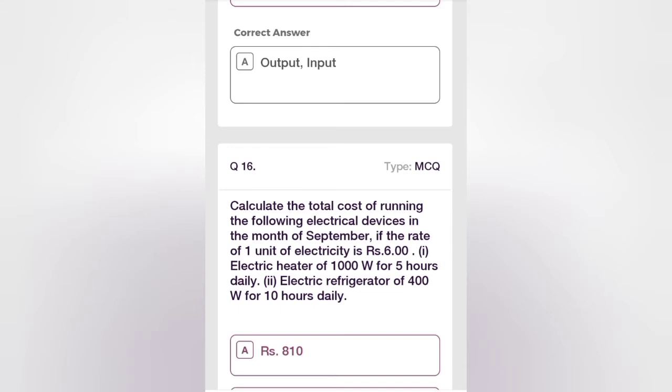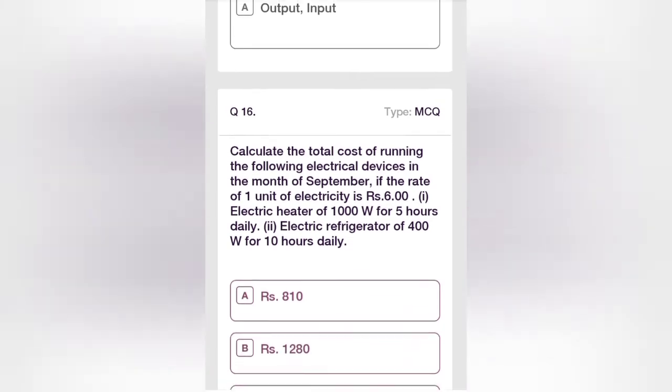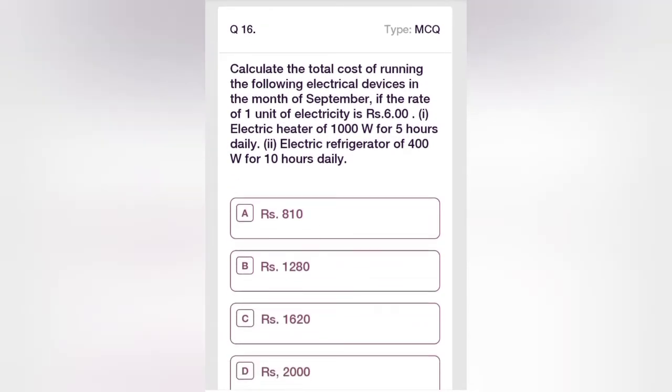Calculate the total cost of running the following electrical devices in the month of September if the rate of 1 unit of electricity is 6 rupees: electric heater of 1000 watt for 5 hours and electric refrigerator of 400 watt for 10 hours daily. So, what all the things we are given with?